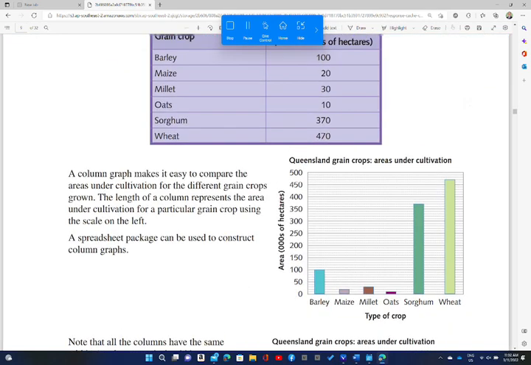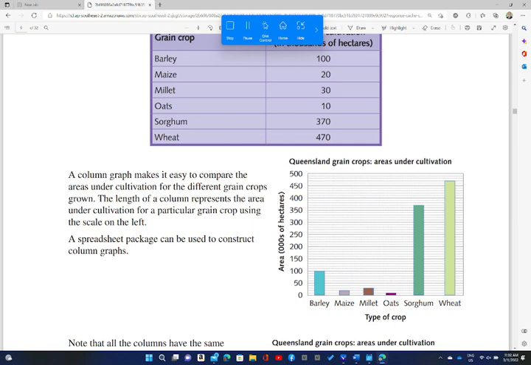Looking at the column graph, it's really easy to see that wheat is the most planted and covers the most area. All right, what's the smallest one? Oats, right? The next to the largest would be sorghum. So it's easy to see very clearly what it is you're looking at.